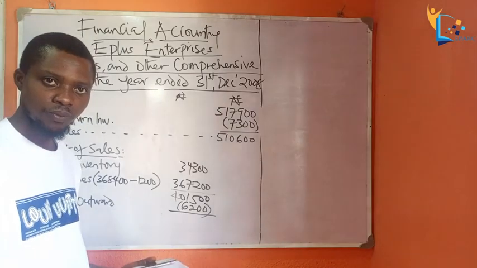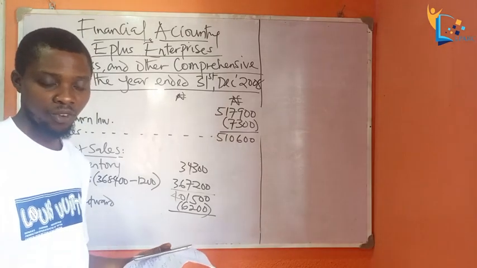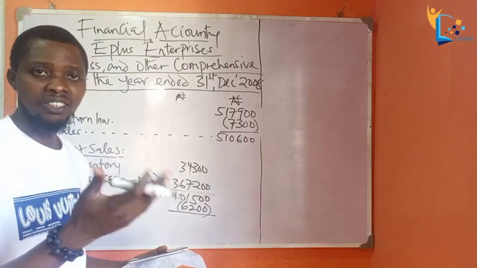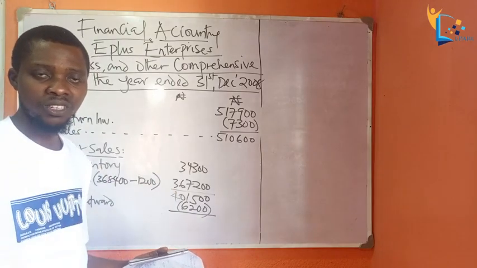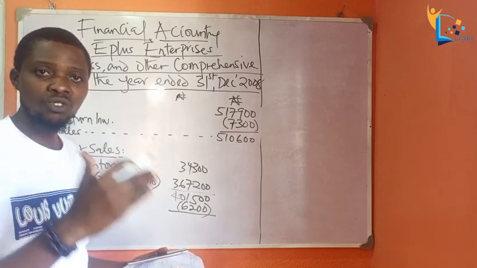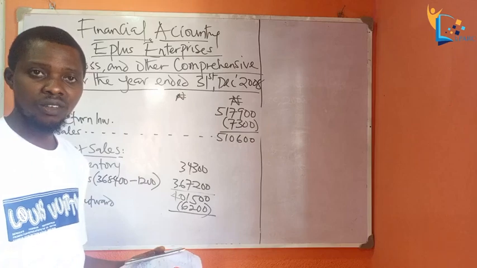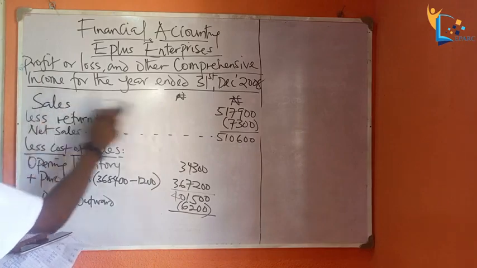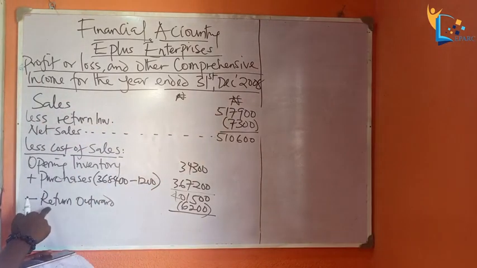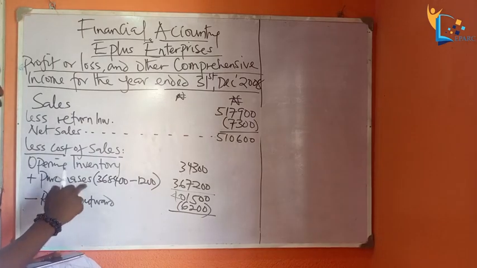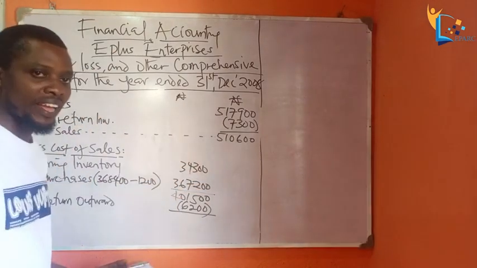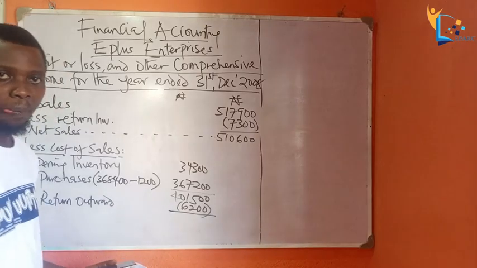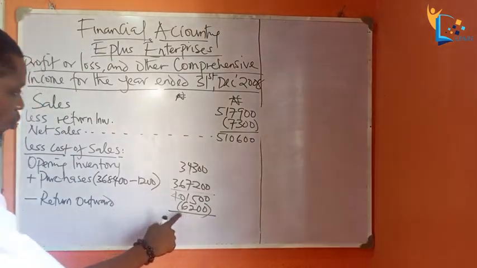For instance, if you sold 12 cartons of Indomie to your customers and they return 2 because they seem to be bad, that is return inward because it is on sales. That is why we deduct it from sales, while return outward is deducted from purchases, because purchases has to do with you and your suppliers, while sales has to do with you and your customers, your debtors. Do you get it?